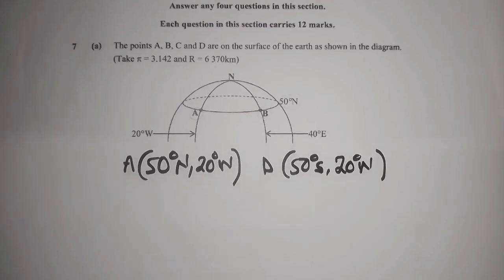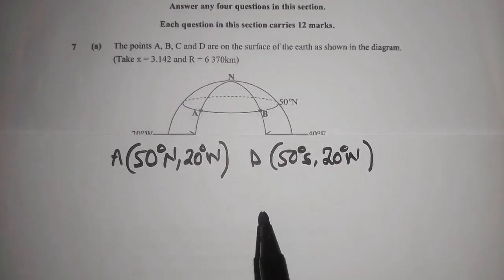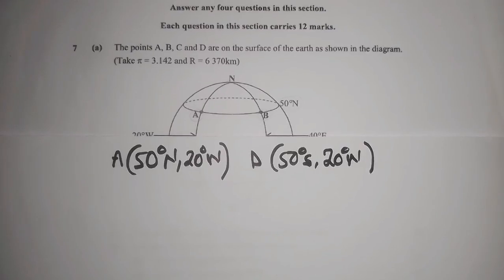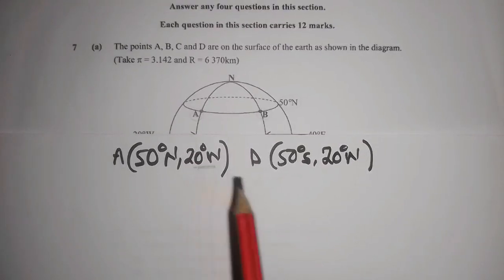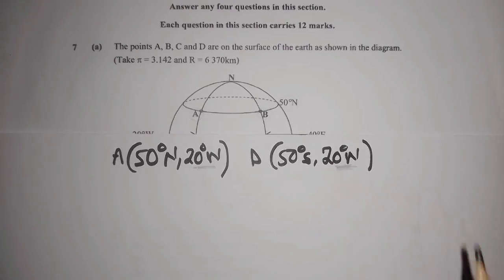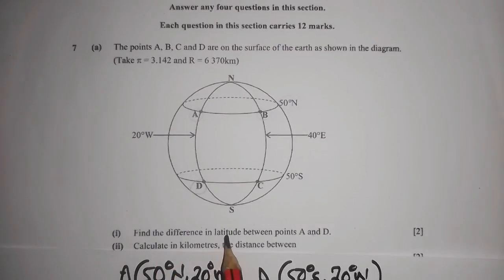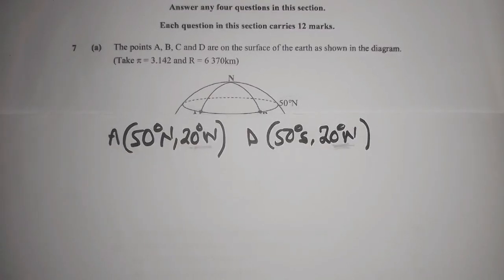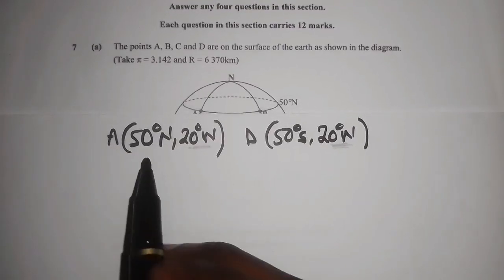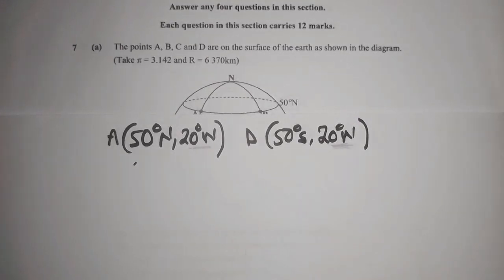Now the most important thing, once you collect the coordinates, is to look at what is similar. They lie on the same longitude, so we are finding the difference in the other part, which is the latitude. The latitude is 50 north and 50 south.